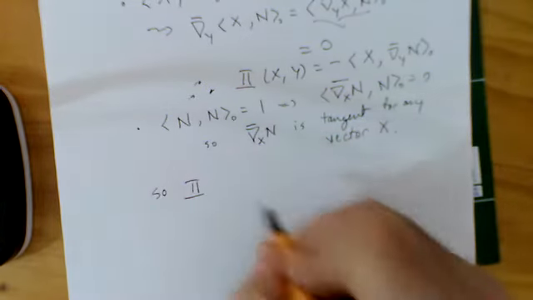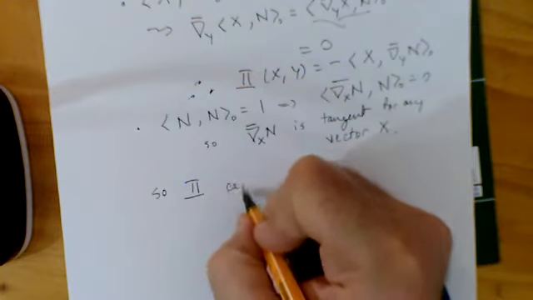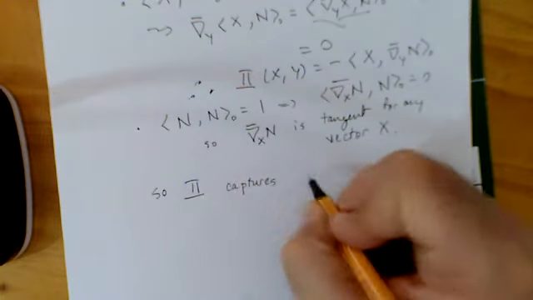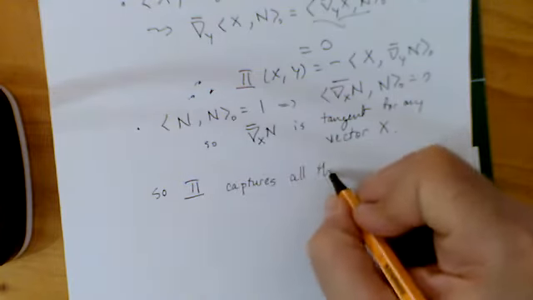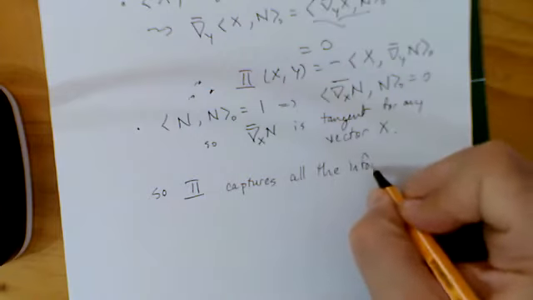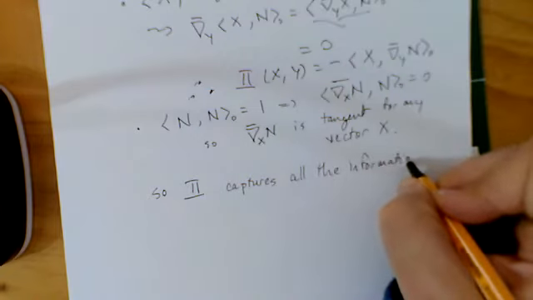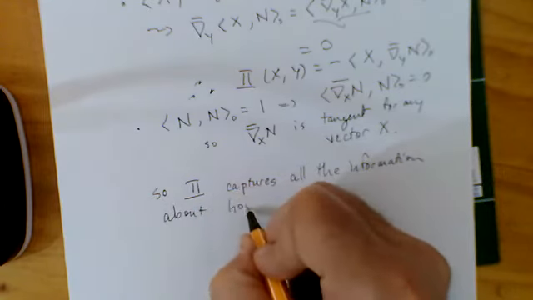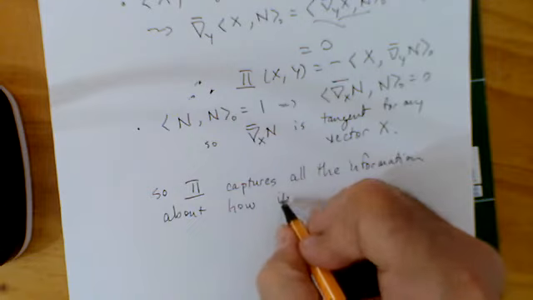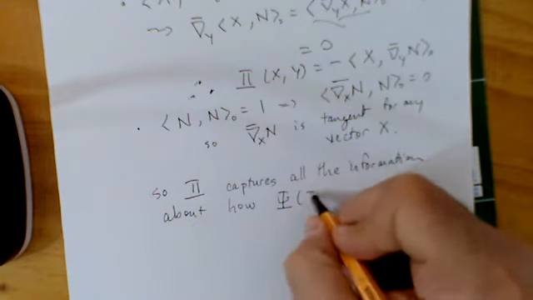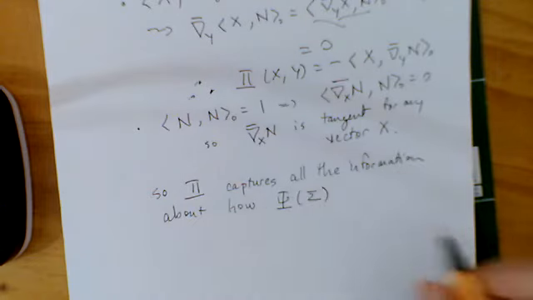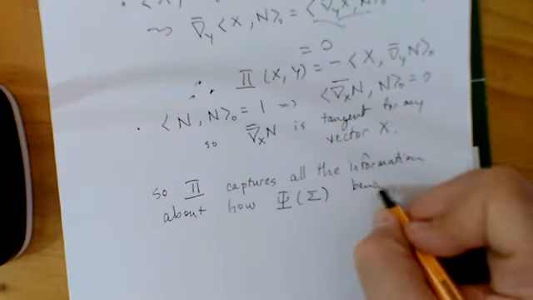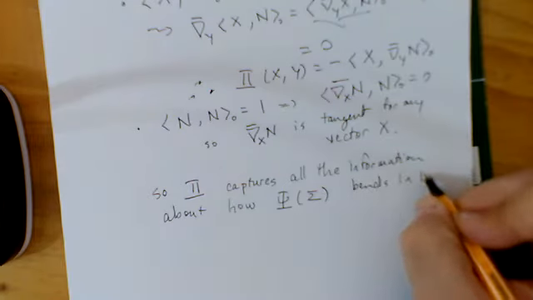So the second fundamental form captures all the information about how the image of this immersed surface bends in R3.